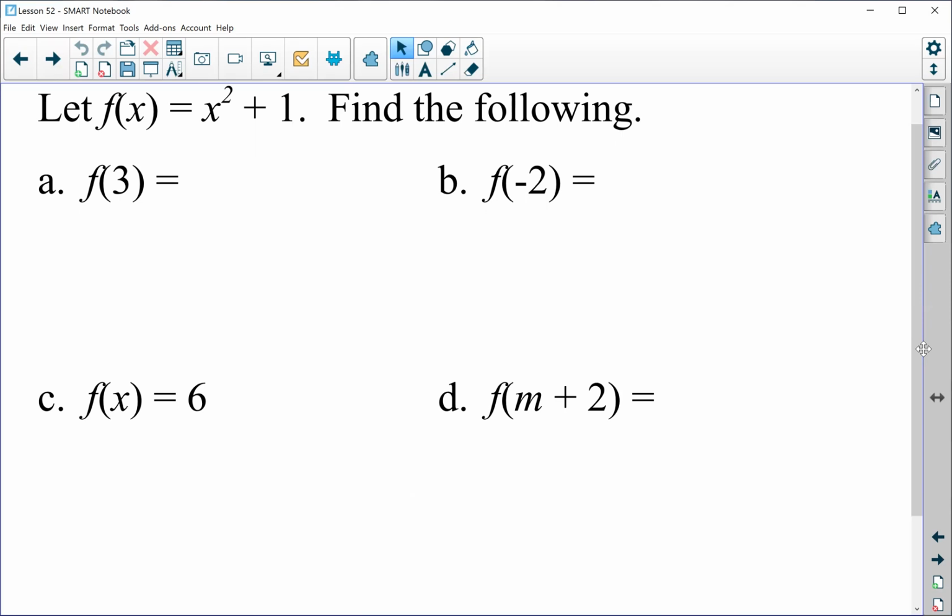So how do we find f of 3? Yeah, plug 3 in for x. So that would be 3 squared plus 1, which is a total of 10.